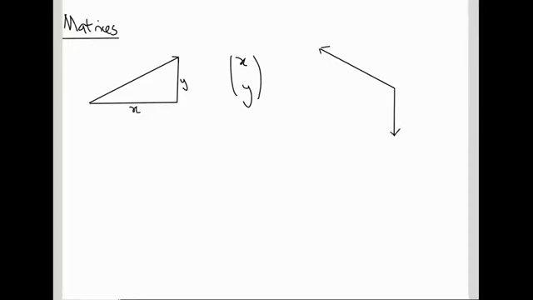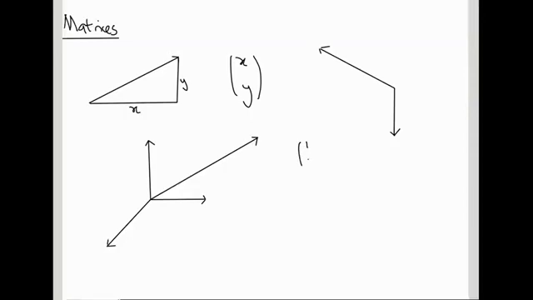So I'm just going to draw some vectors. There's one, there's another, there's another, and there's another. And now I'm going to write some column vectors like these numbers x and y over here.